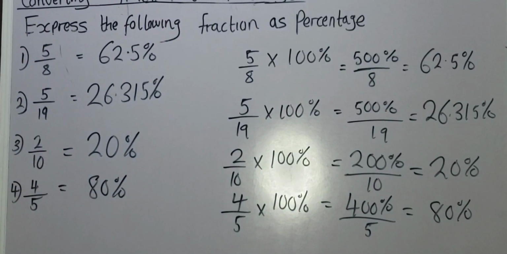That is how to convert a fraction to a percentage. All you have to do is multiply the fraction by 100. You can reduce it to lowest term by calculator, or if it is divisible, if you can do it offhand, you can attempt that.